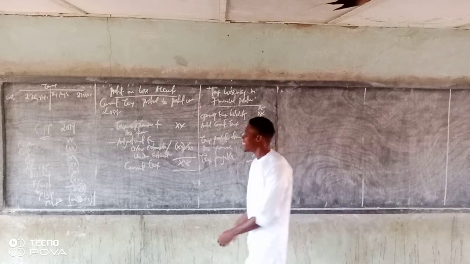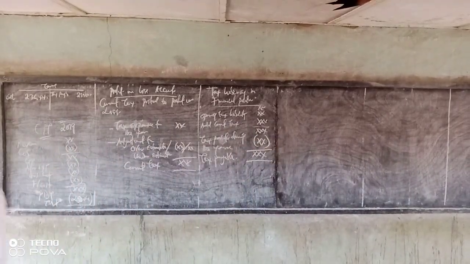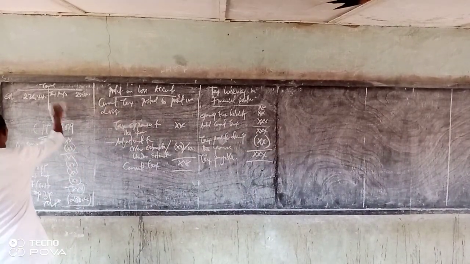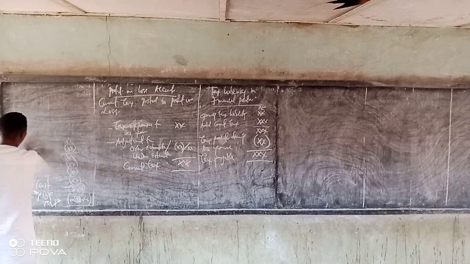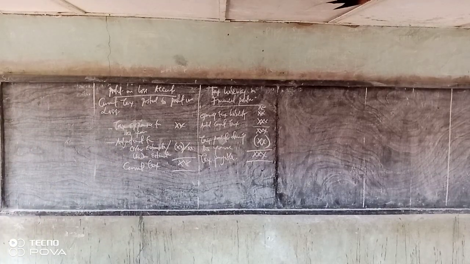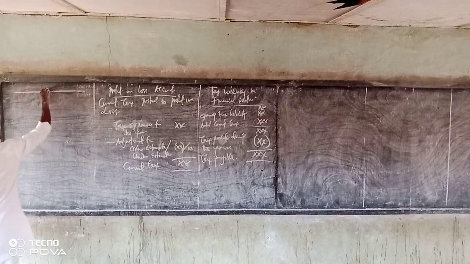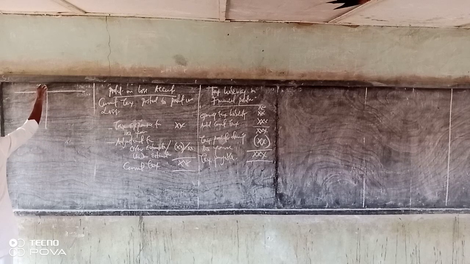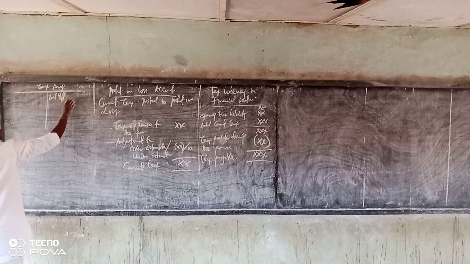If I'm to use a ledger, I will say tax payable, balance brought down or brought forward, 77,000.